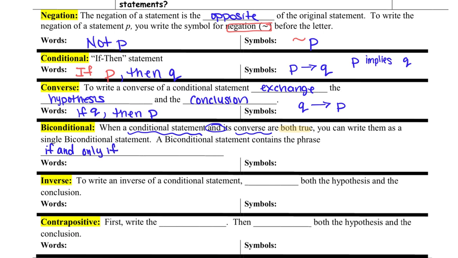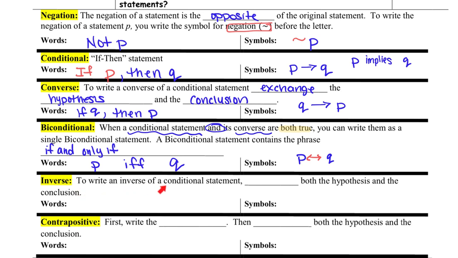And this is abbreviated using the P and if spelled with two F's. So if the conditional statement and the converse are both true, then we have a P and a Q, and in the middle you have an arrow that goes back and forth, kind of symbolizing that no matter the order of these two, they are both going to be true.